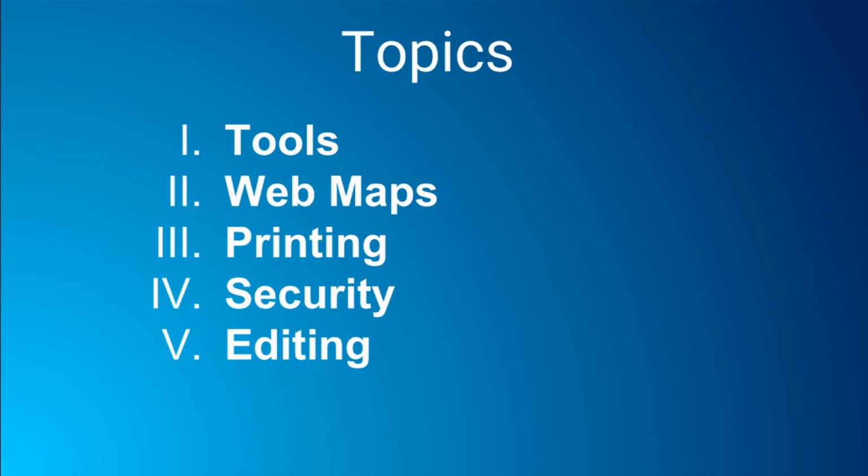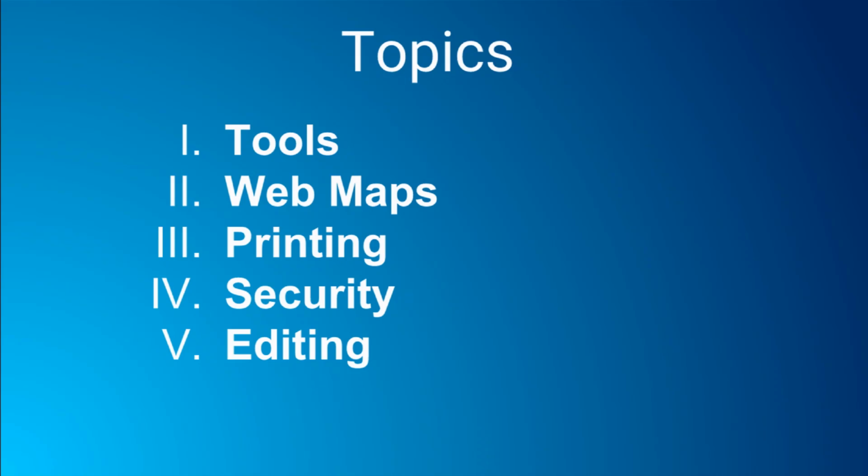What I've done is I've organized it a little bit. The first section, I'm just going to talk about the tooling that I'm using and the methodology I'm using to try to troubleshoot problems when I see something from an app going into ArcGIS Server. Then I'm going to go into specific areas: web maps, printing, security, and editing.